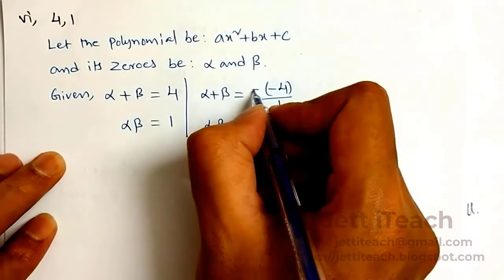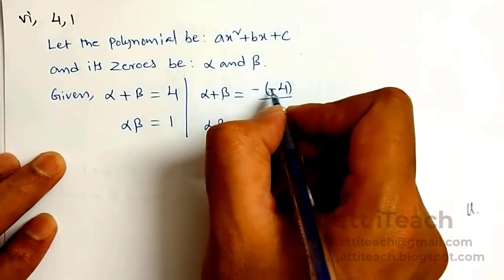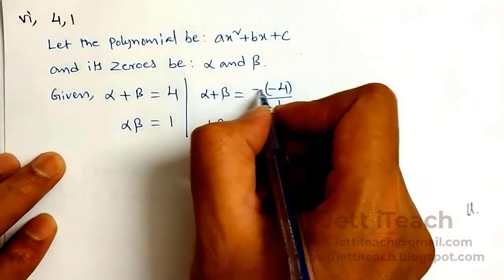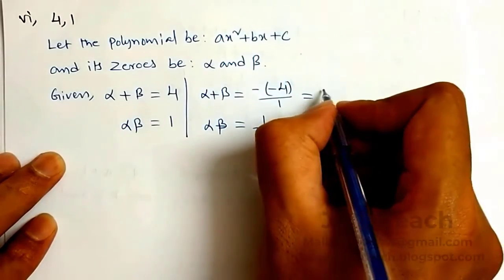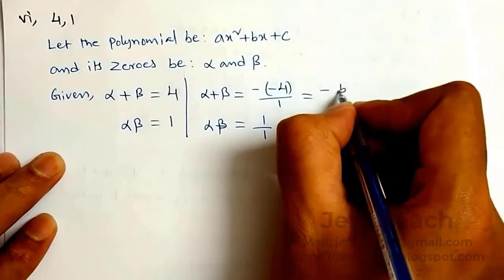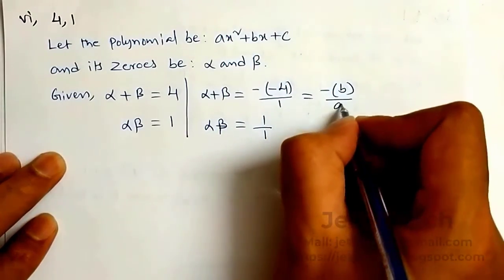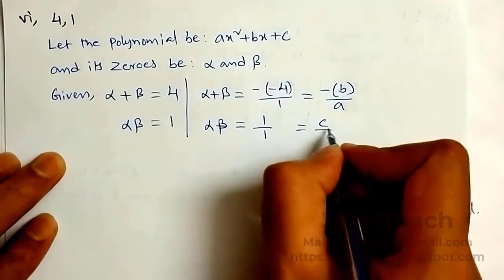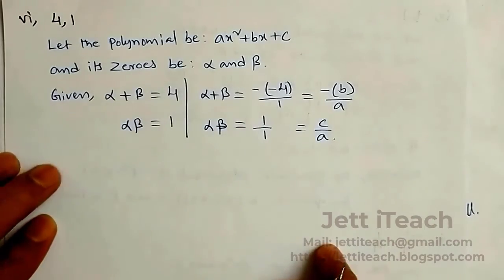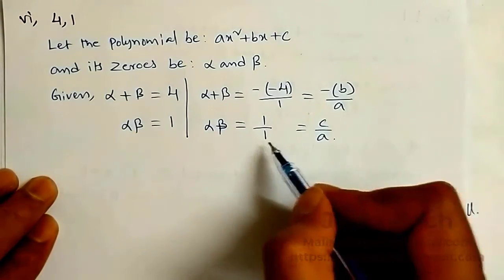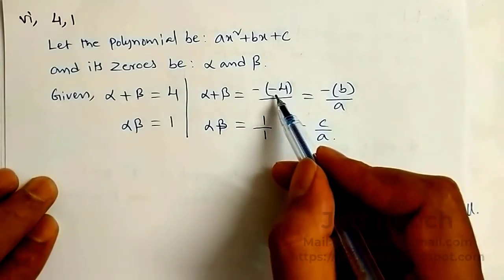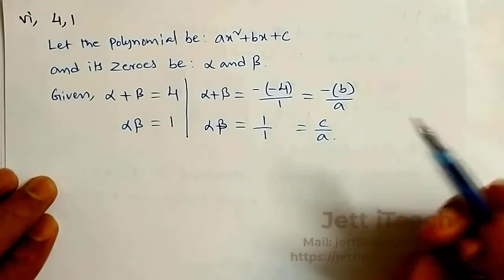I want minus 1 outside of this bracket, so I wrote minus of minus 4. This is equal to minus b by a, this one is c by a. If you look, the value of a is 1, b is minus 4, c is 1.